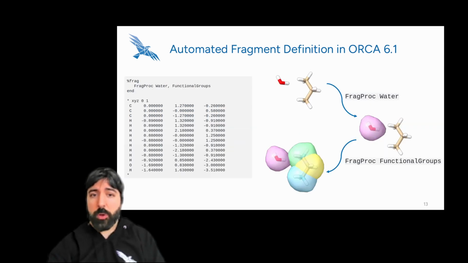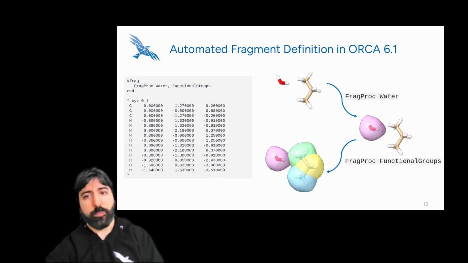However, the fragmentation block additionally provides several other options for fragmentation, using automatic detection procedures based on bond recognition and graph methods. In this first basic example, containing just one water molecule and one propane molecule, the fragmentation procedure water automatically detects a water molecule in your geometry and assigns it to a fragment.